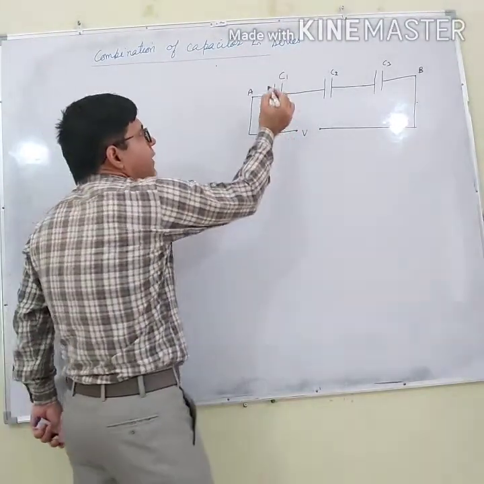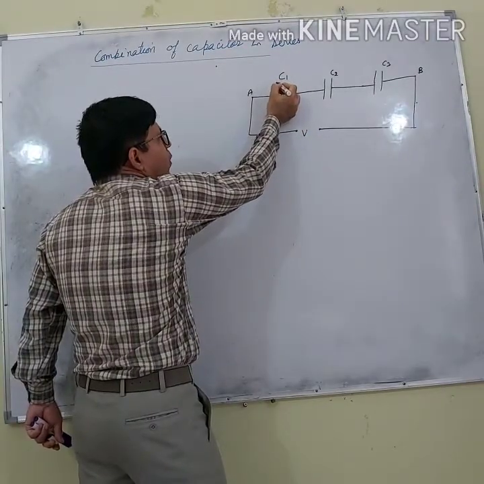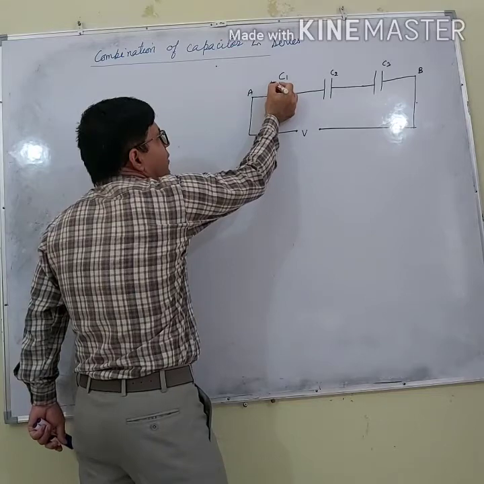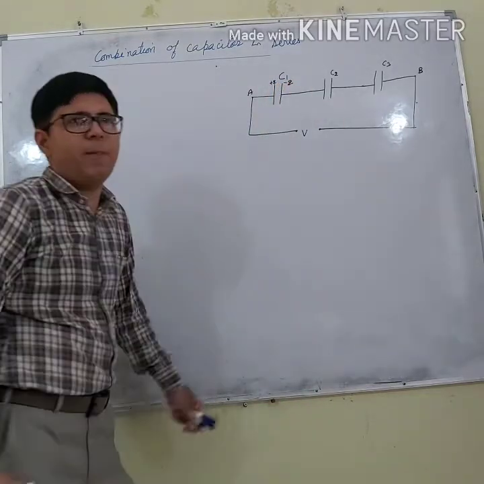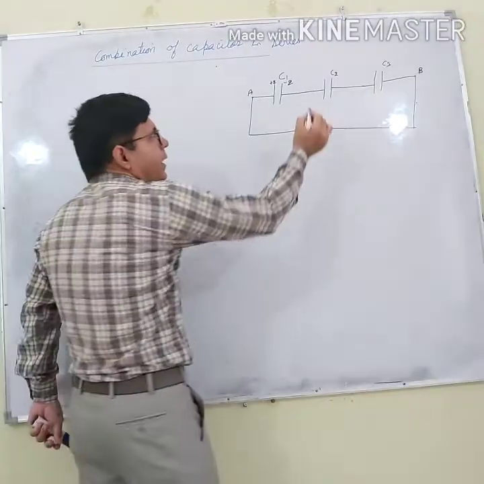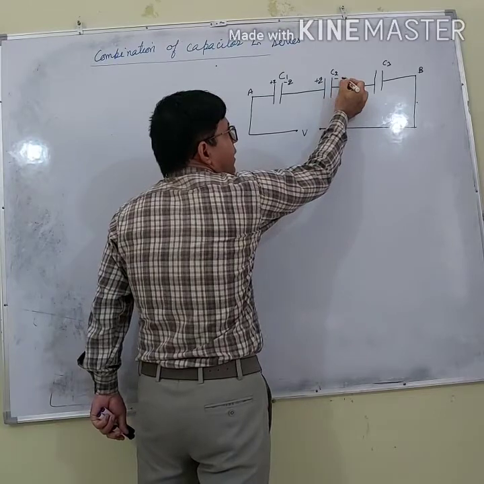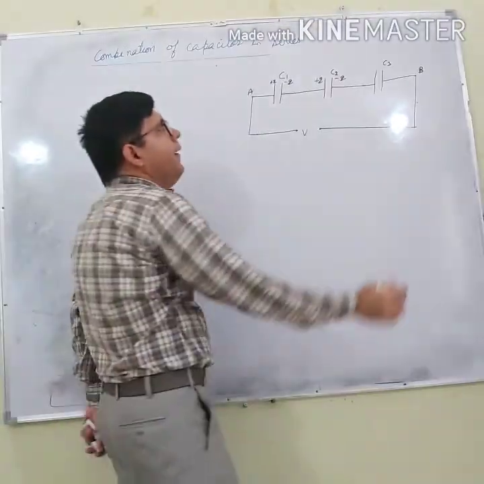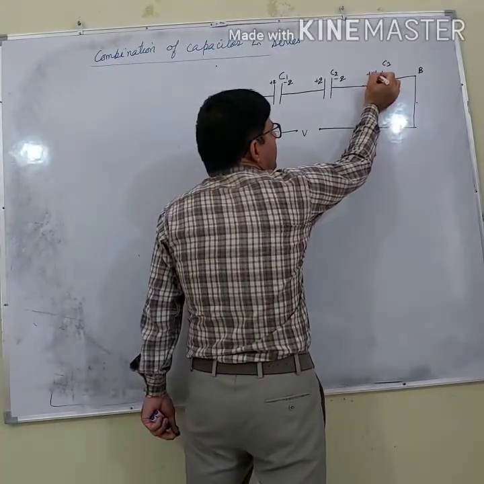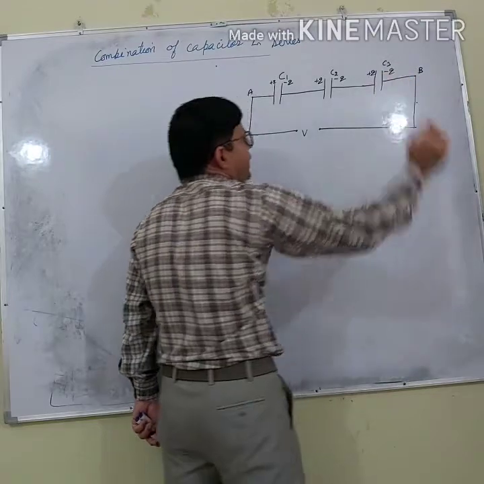Now let us say that on this plate we have plus Q charge, and because of induction minus Q charge is here. Again here it is plus Q charge and here again minus Q charge, and here again plus Q charge and here again minus Q charge.